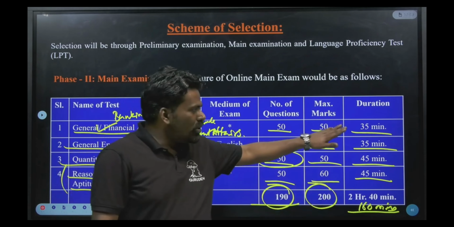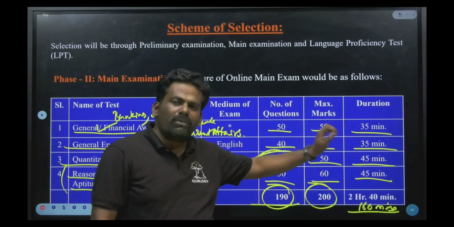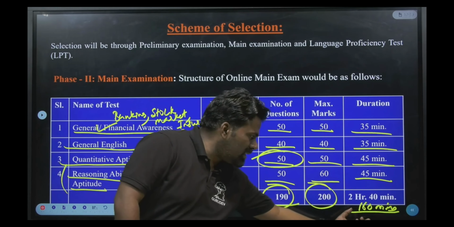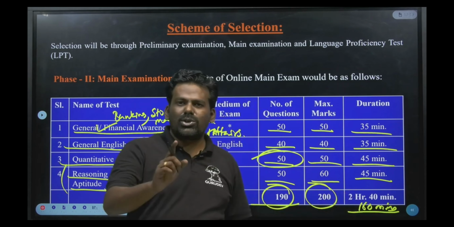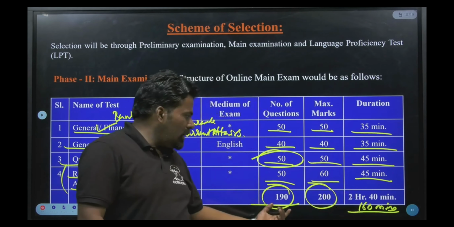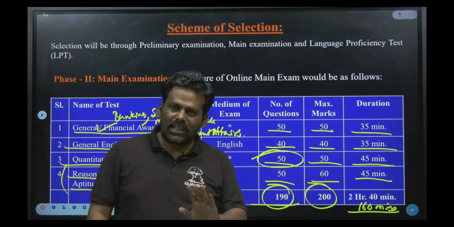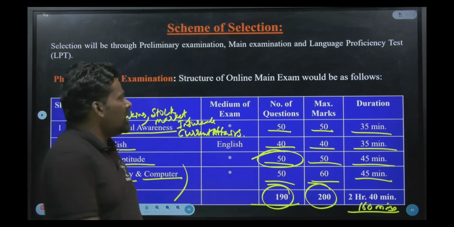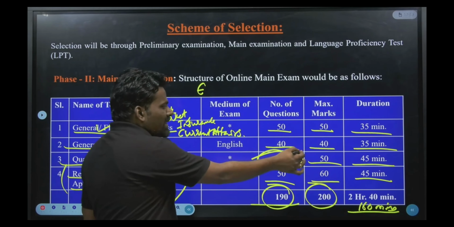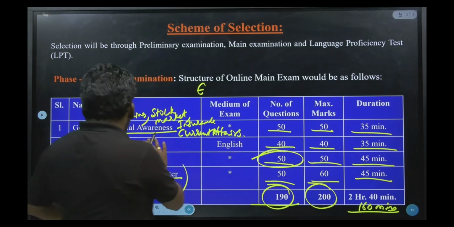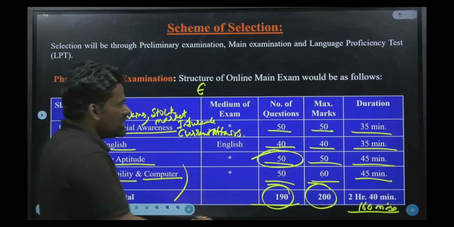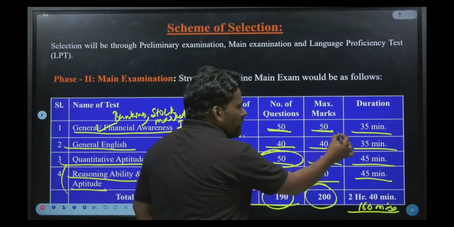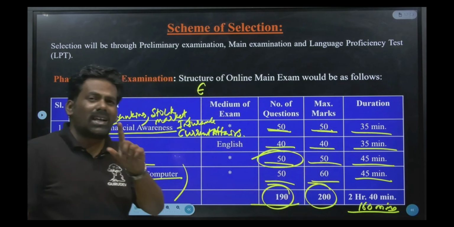Okay, so you can score very well here if you spend 160 minutes, and if you solve one question for every minute, you will be able to solve 160 questions correctly. And always remember, each question, marks allotted to you, in case, so assume that in general awareness or financial awareness, the questions are 50 for 50 marks. It means each question carries 1 mark.